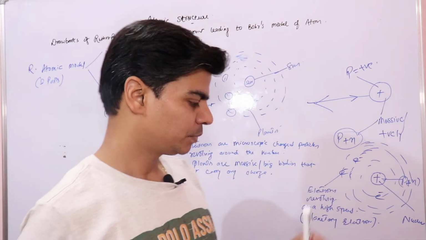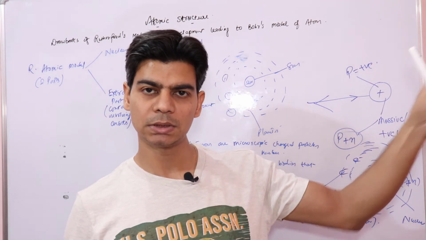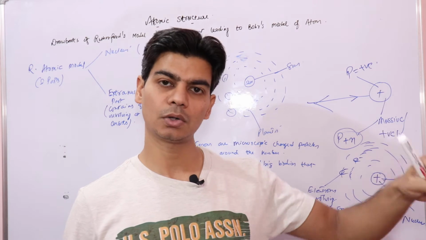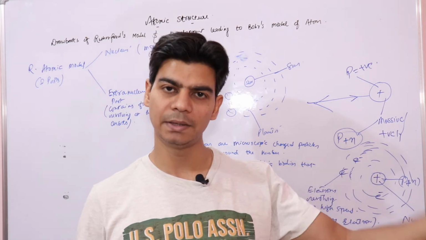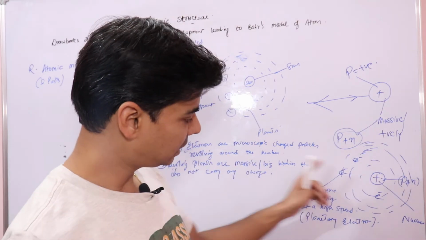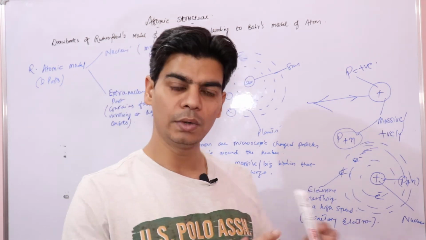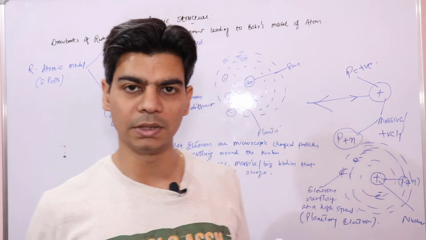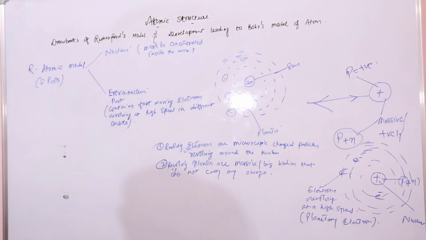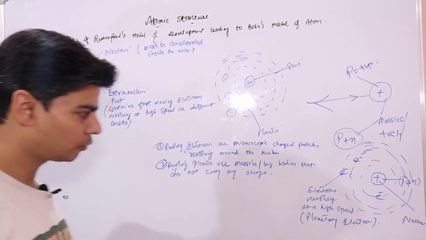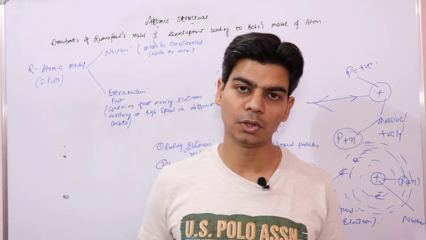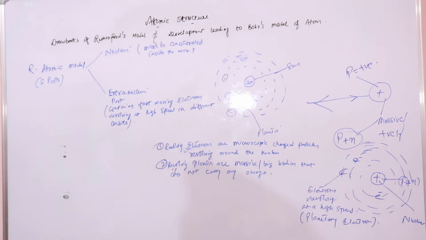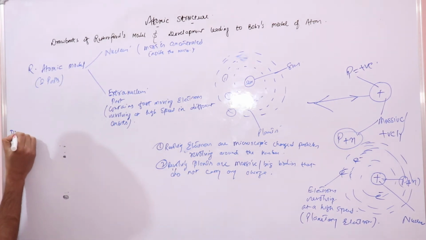And we say that as you move away from the nucleus, the energy of the orbits keeps on increasing, right? So he did not talk about these orbits and their energies. He did not detail how electrons are distributed in various orbits around the nucleus. So this was one of the drawbacks of the Rutherford model, where he could not explain the distribution of electrons around the nucleus, right?